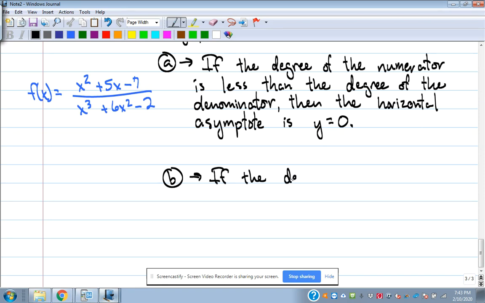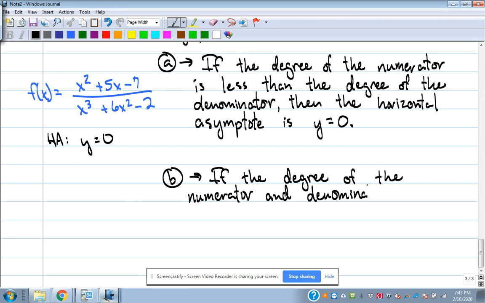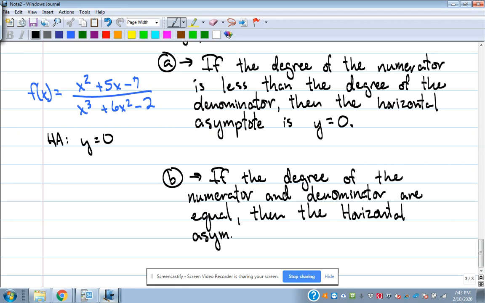If the degree of the numerator and denominator are equal, then the horizontal asymptote is at the ratio of the leading coefficients.